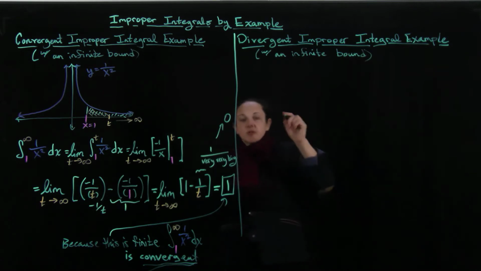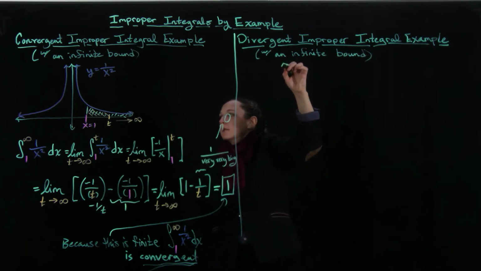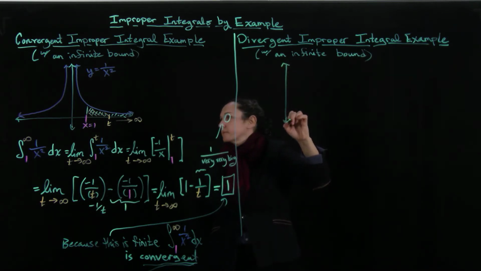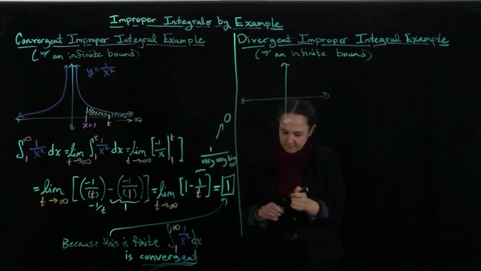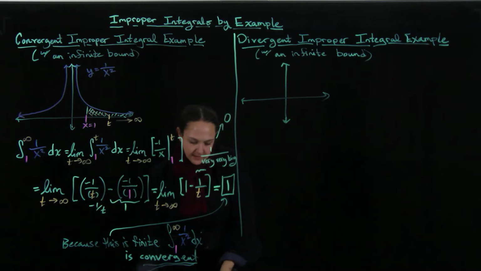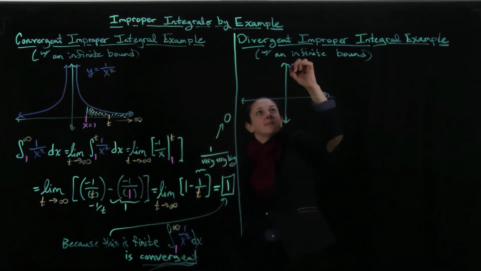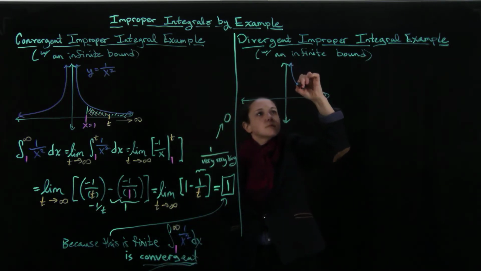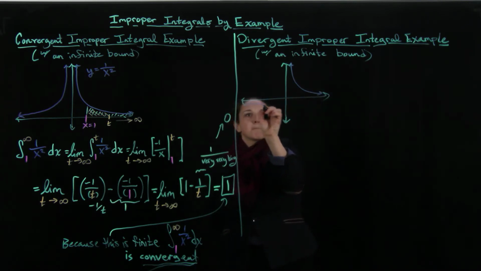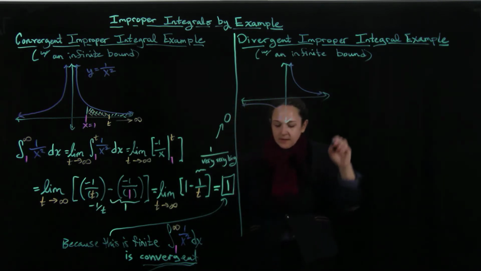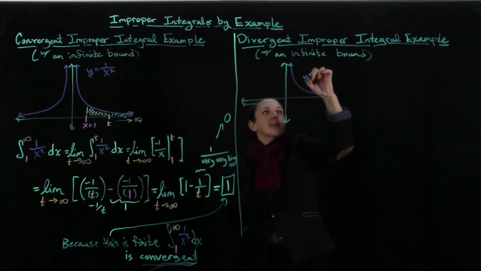So here's the function, the graph we're going to look at. Now we're looking at a graph that looks like this and like this. And this is y equals 1 over x.